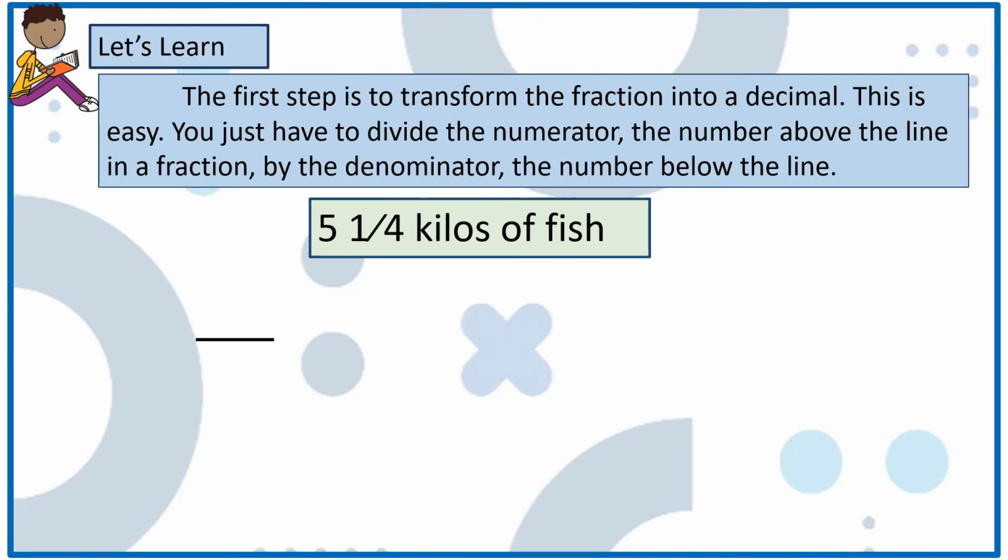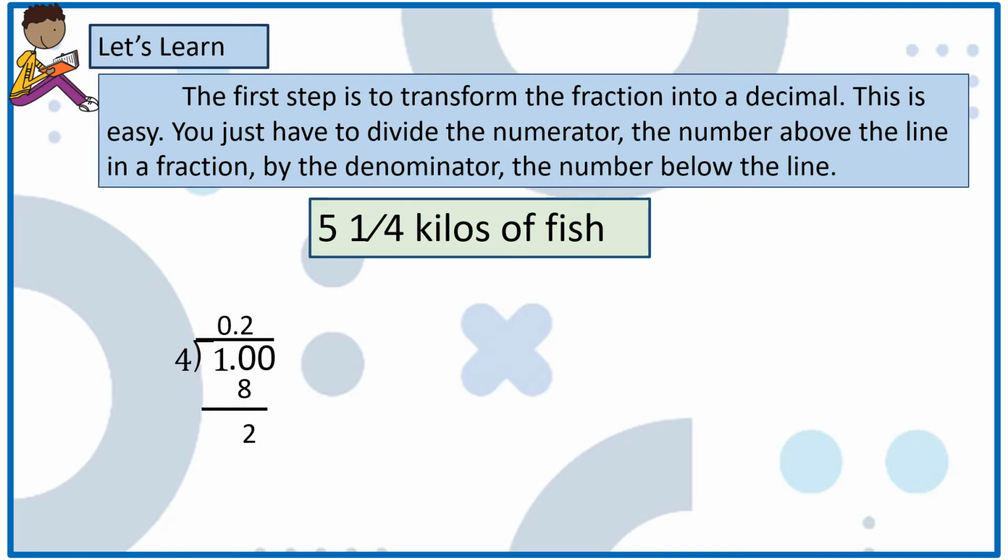Another one is 5 1/4 kilos of fish. We are going to divide 1 by 4. 1 divided by 4 cannot be, so you need to add 0. And 10 divided by 4 is equal to 2. 2 times 4 is 8. Then 10 minus 8 is equal to 2.